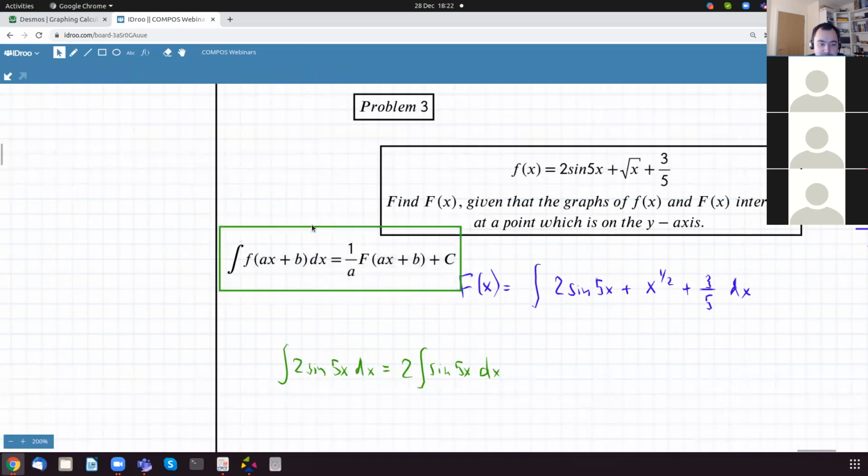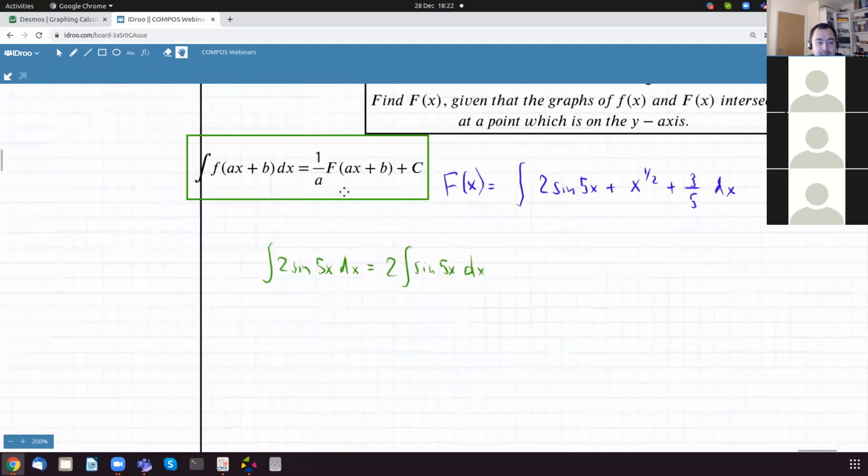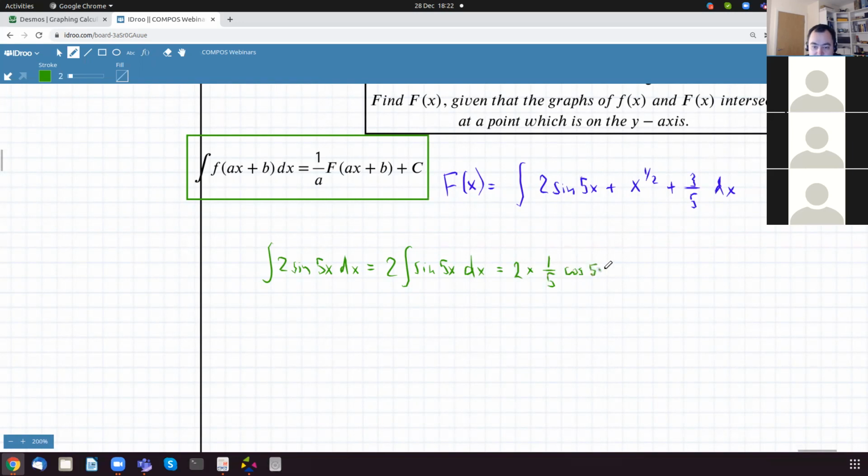This is a very important result that you need to be able to use. And that means that the integral of sine 5x is in fact 1/5 cosine 5x with a minus. So minus 1/5 cosine 5x plus c.